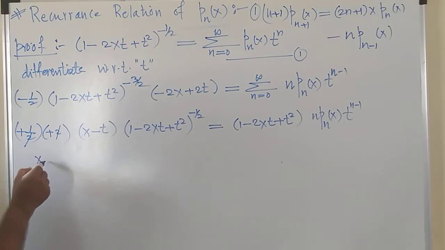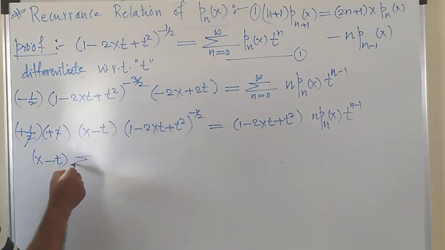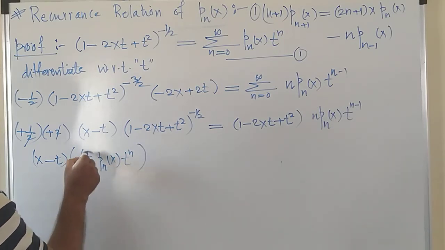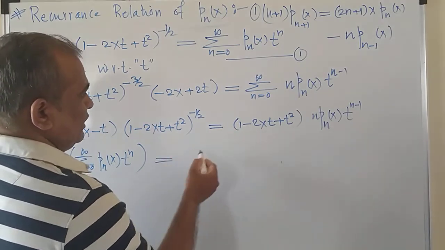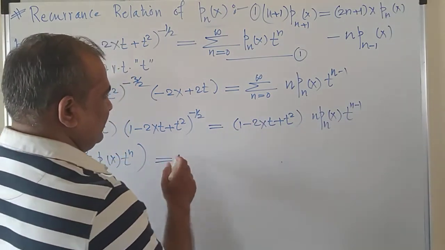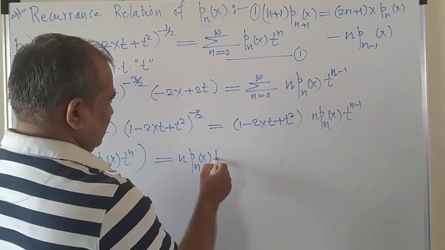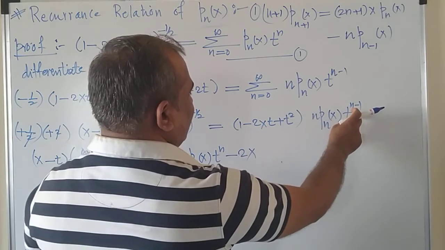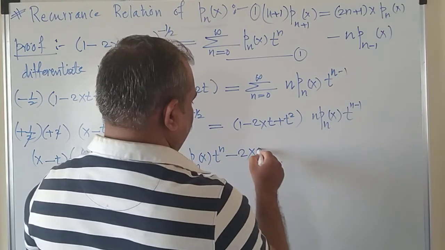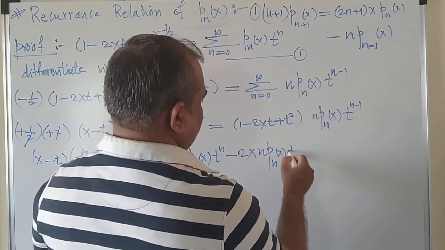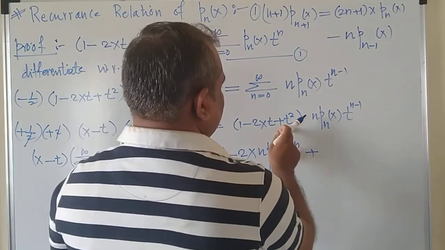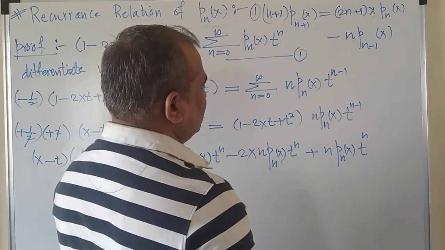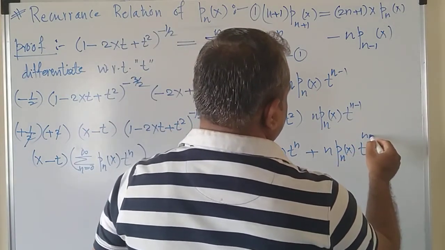So I will write this as x into summation of Pn of x t raised to n, where n runs from 0 to infinity, and this is equals to, now you can simplify this, multiply this term to each term: n into Pn of x t raised to power n minus 2x into this t, and this n minus 1 will become n minus 1 plus 1, that means t raised to n only, n into Pn of x t raised to power n plus t square n into Pn of x and t raised to n minus 1 plus 2. 2 minus 1 is plus 1. So n plus 1.